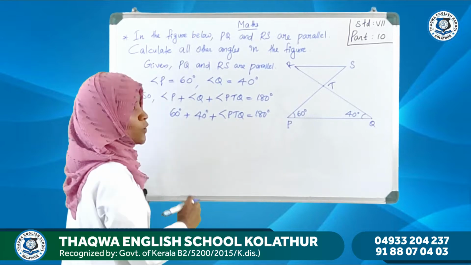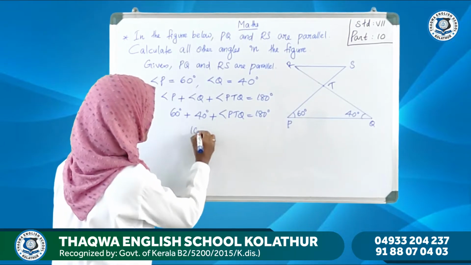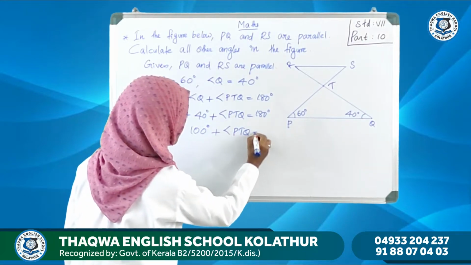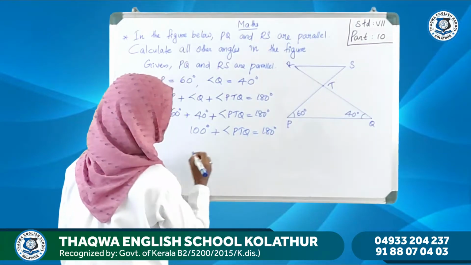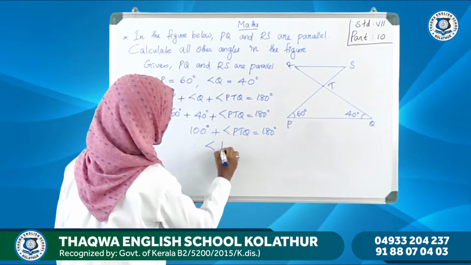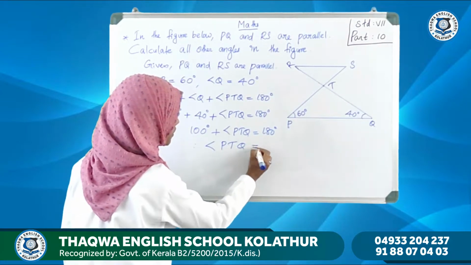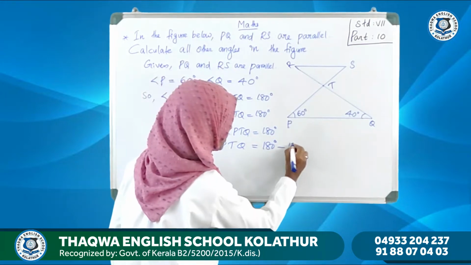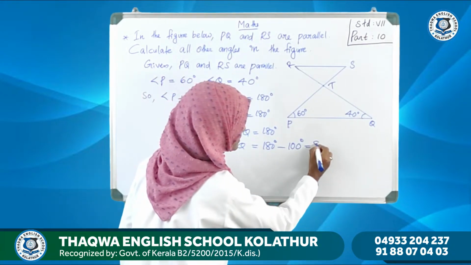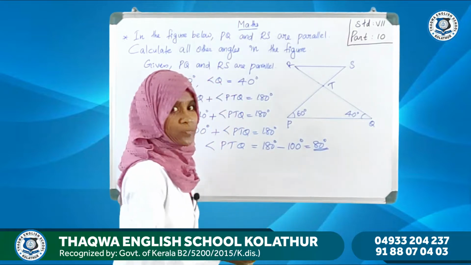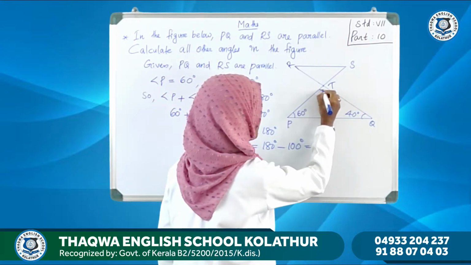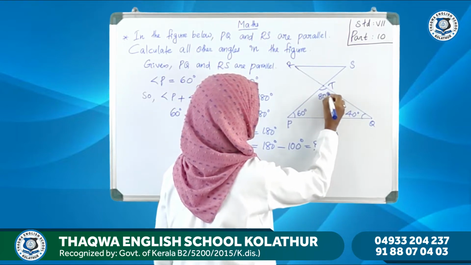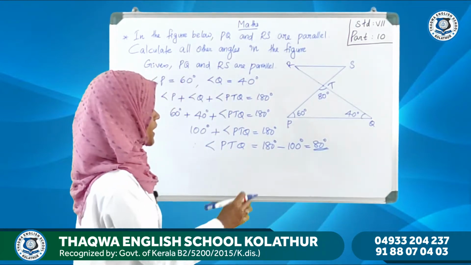So 60 plus 40, 100. 100 plus angle PTQ equals 180. Therefore, angle PTQ equals 180 minus 100. That is 80 degree. So we got angle PTQ, that is 80 degree.